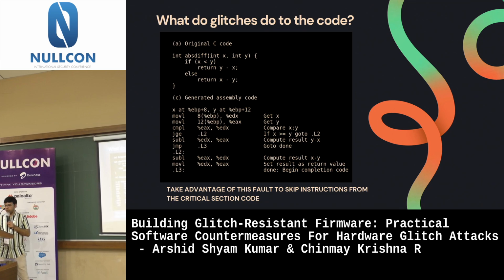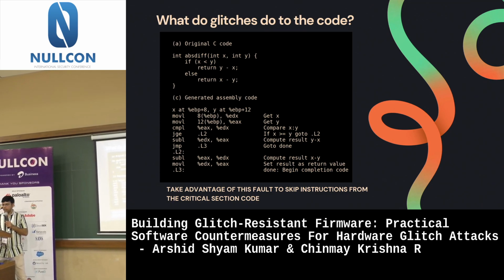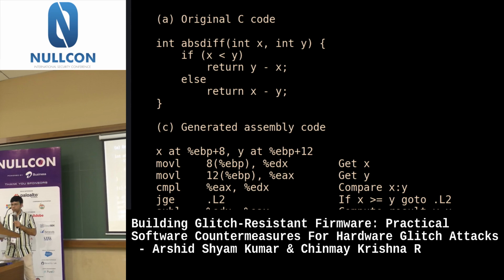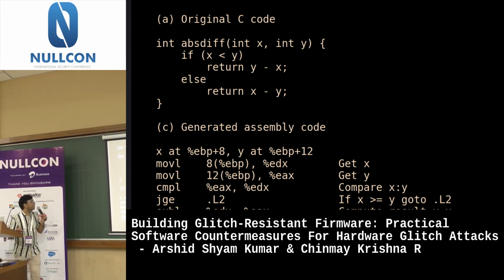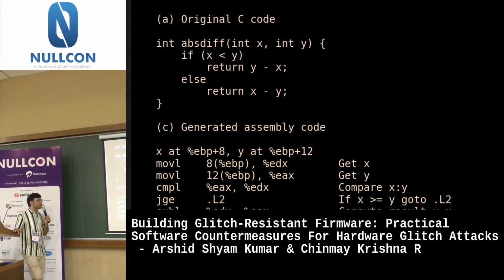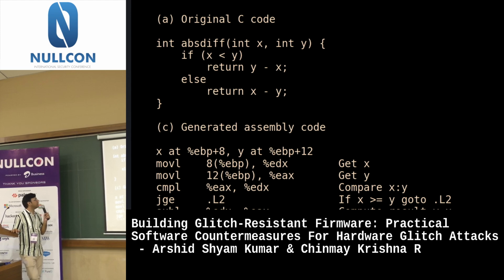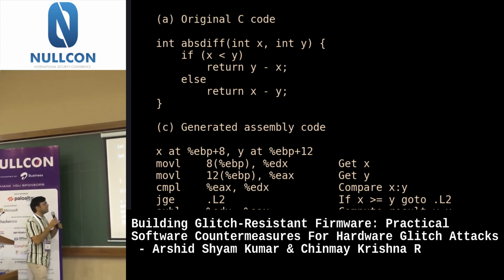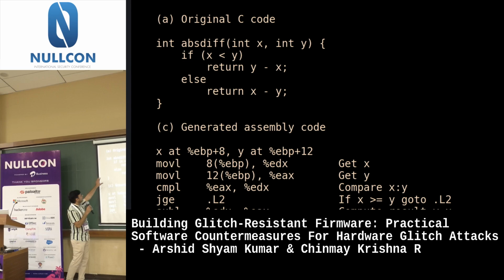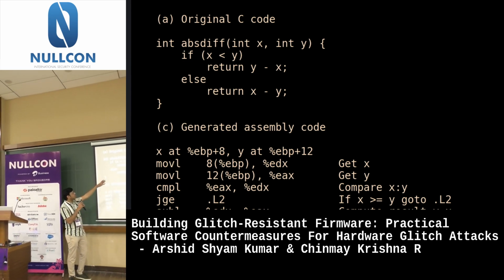So, okay, we are glitching, but what do glitches do to the code? If we take any very simple C code, the original code is A, B is something intermediate which we are not showing, and C is the assembly code.